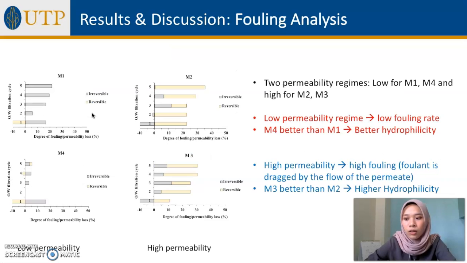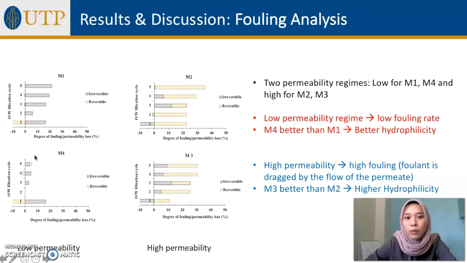And then moving on, for the fouling resistance analysis, every modified membrane M2, M3 and M4 shows improved fouling properties compared to M1, as a result of the increasing hydrophilicity. For this discussion, we are going to compare M1 and M4, which are in the low permeability regime, and also M2 and M3 at the higher permeability regime. Due to its low permeability, it will also produce a low fouling rate.